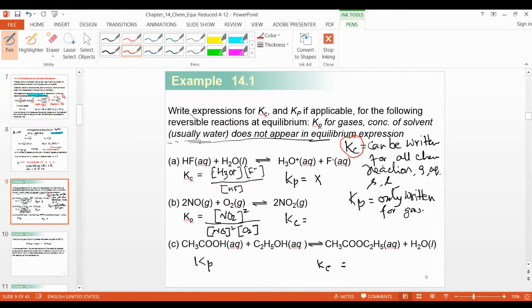But Kp is only written for gas. Please note down that. So Kc is the same as Kp for this situation. And here there is aqueous and liquid, so there is no Kp. You have to write only Kc. Clear? But look here, the liquid water is not used in the expression.